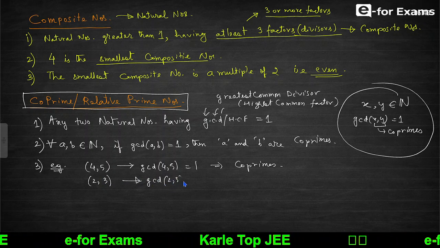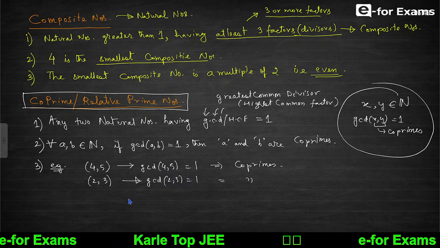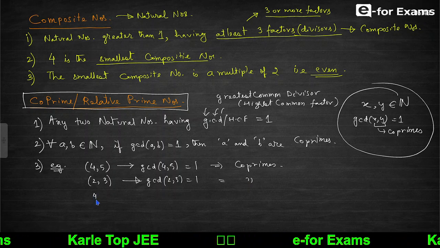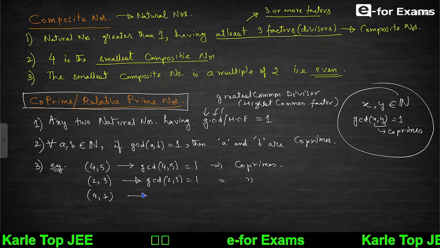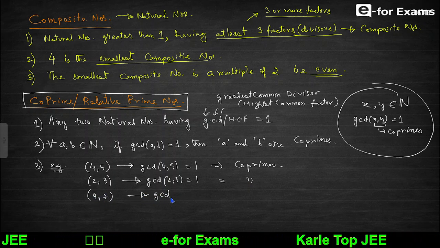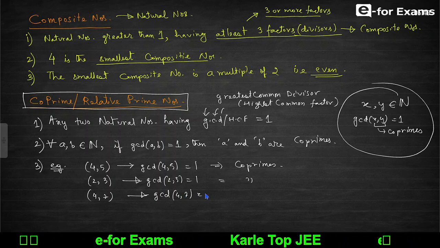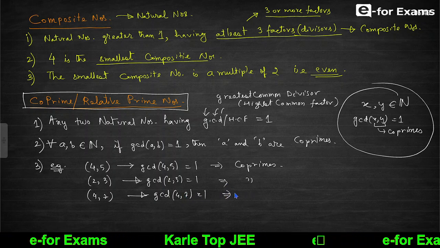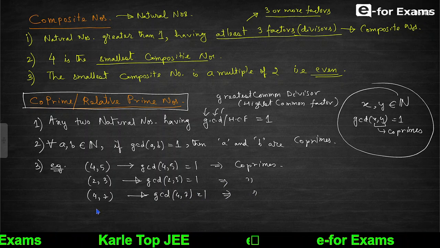GCD of 2 and 3 equal to 1. So they are coprimes. 4, 7. GCD of 4 and 7 equal to 1. So they are coprimes.